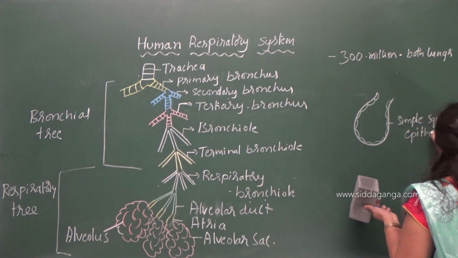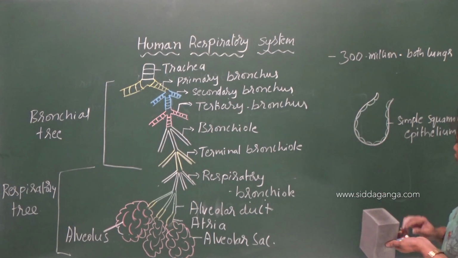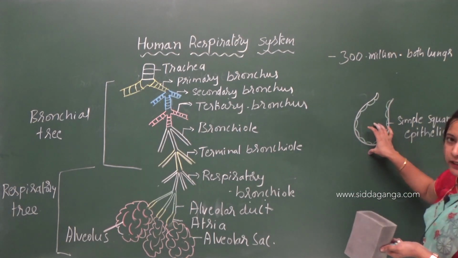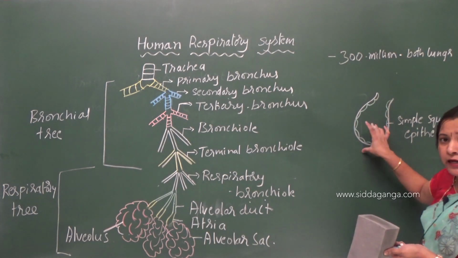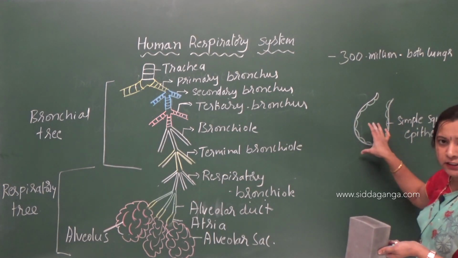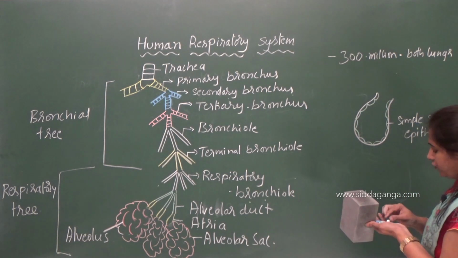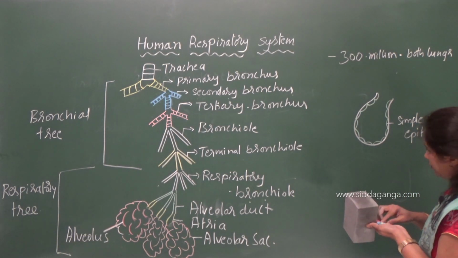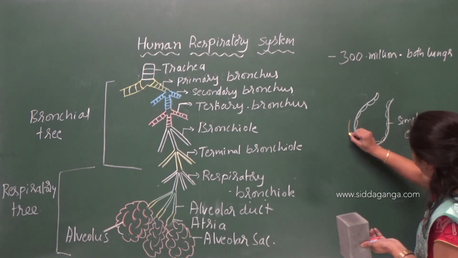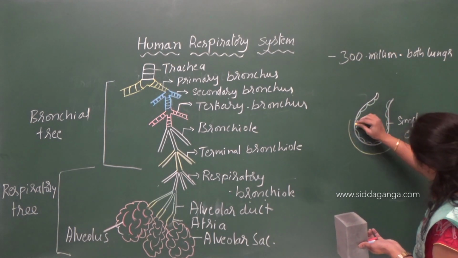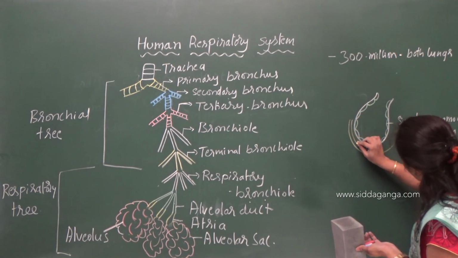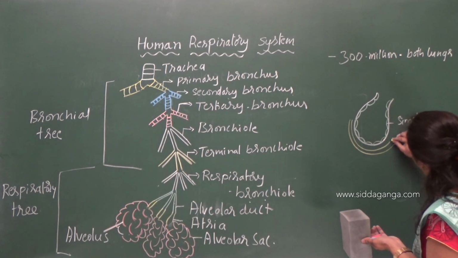This is the simple squamous epithelium. The wall of the alveoli is very thin, moist, and highly vascularized. It is richly supplied with blood vessels. So here comes the blood capillary.